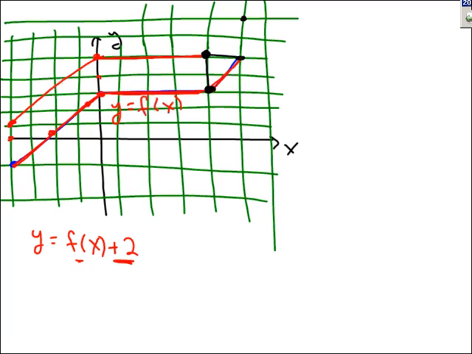That is, I go here. Easier way. Why am I making this harder than it needs to be? This point right here goes up 2. That is, it goes here. There it is. That's the new graph. Let's finish it up in red. It went up 2. Here is the graph f of x plus 2.